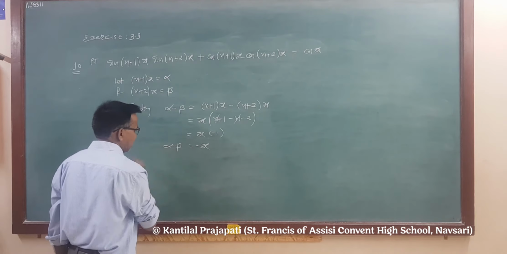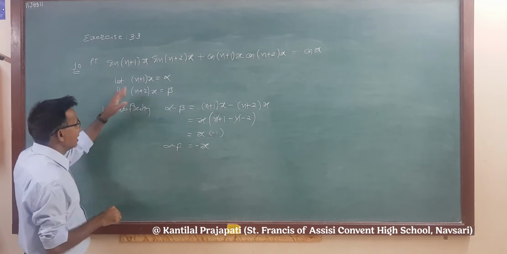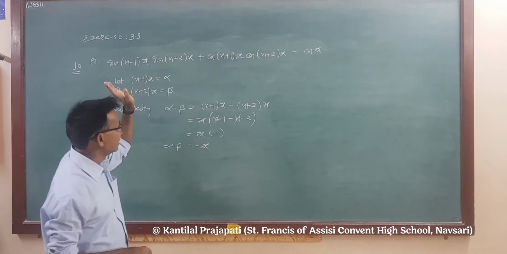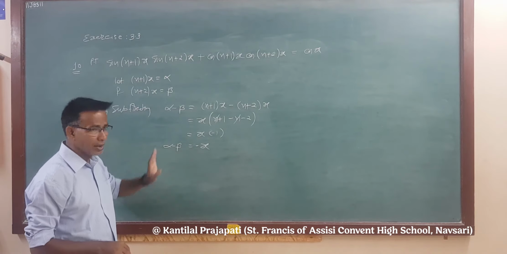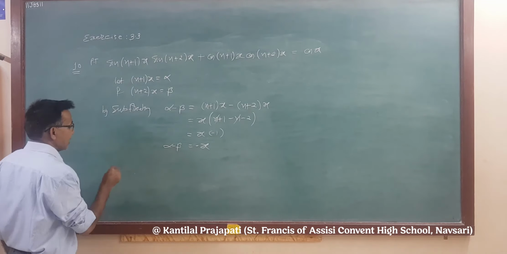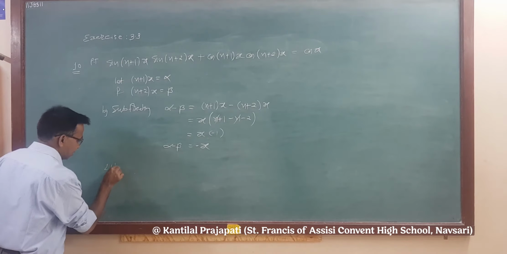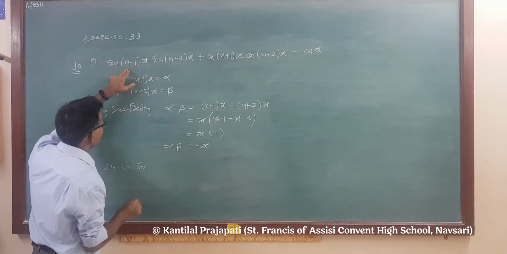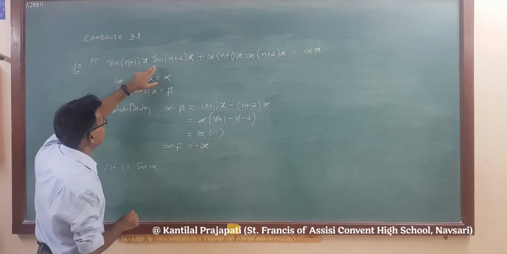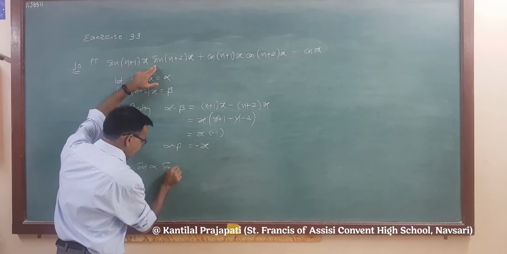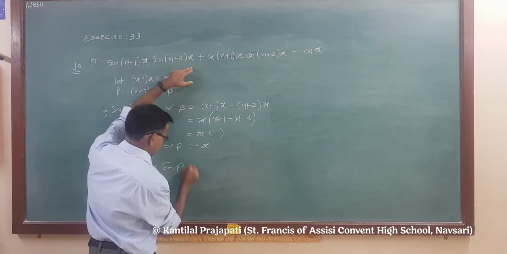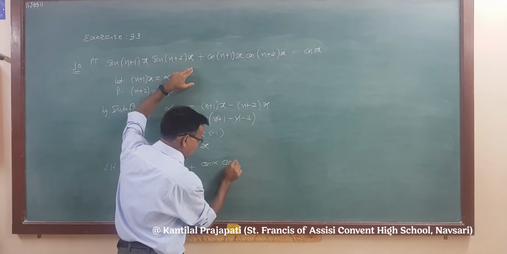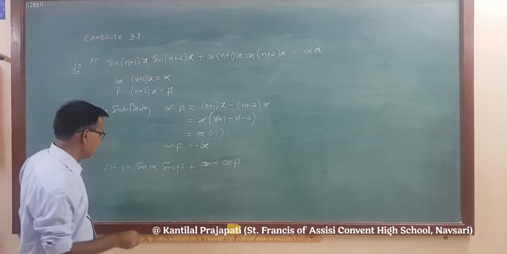What is it? Alpha minus beta. Right, no need to add here. Right, we require only subtraction. Why? Cos plus sin is given, then in the addition formula you get minus. So we write now LHS. LHS is equal to sin alpha, sin beta, that is substituting (n plus 1)x as alpha and (n plus 2)x as beta, plus cos alpha into cos beta. Right?